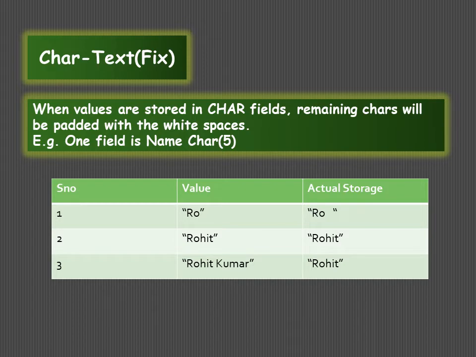Char is text fixed. When values are stored in char fields, the remaining characters will be padded with white spaces. Now, what does it mean? In the beginning of the data types topic, I told you that whenever you store some data into database tables, it will occupy some space in your system.